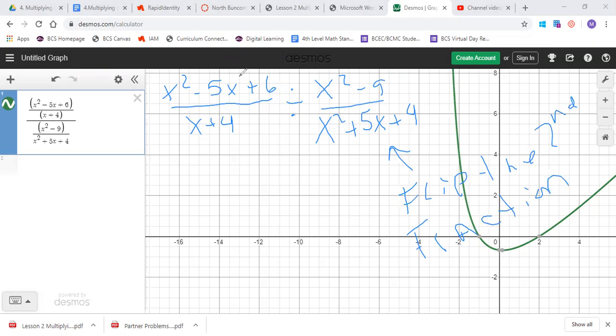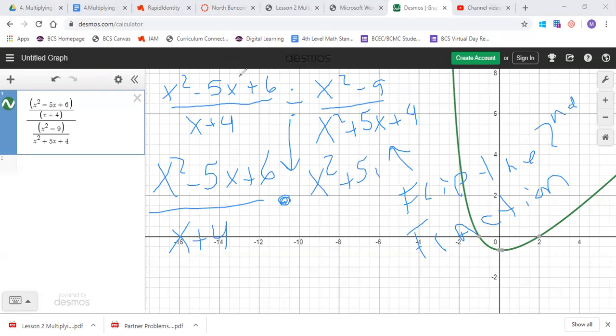Okay, so we're going to flip the second fraction. So all I'm going to do is rewrite it: x squared minus 5x plus 6 all over x plus 4 times, I switch the division to times and I flip the fraction, x squared plus 5x plus 4 all over x squared minus 9.